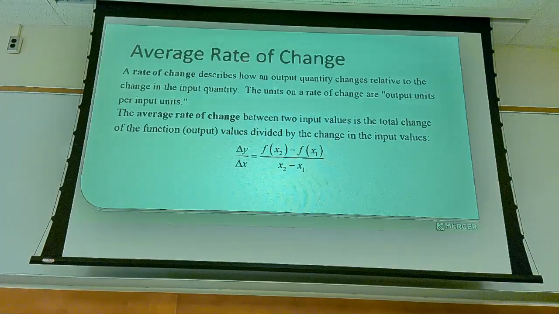Well, x2 is, generally speaking, x1 plus some change, isn't it? Call that change h. That's the difference quotient. That's your physical interpretation of a difference quotient, average rate of change. Which means the slope of a secant line also represents average rate of change.